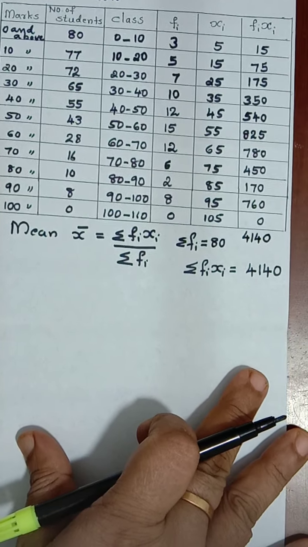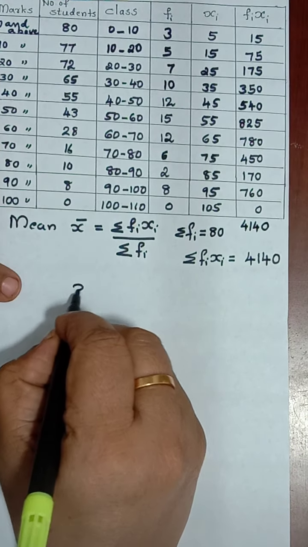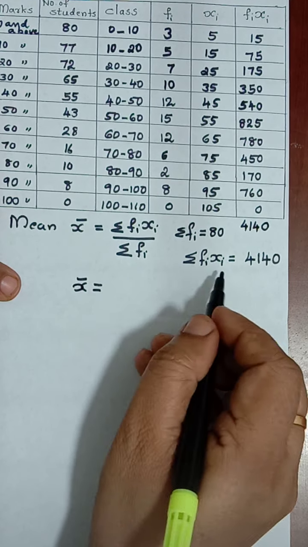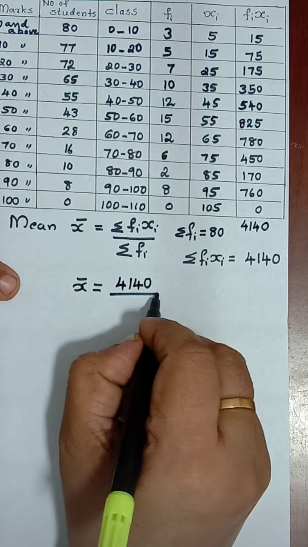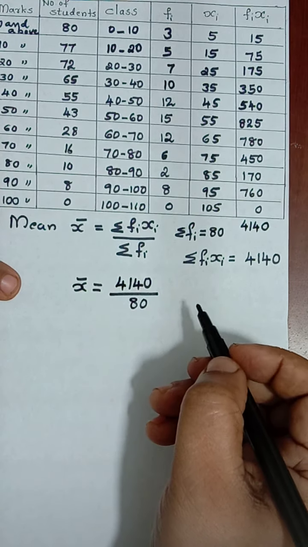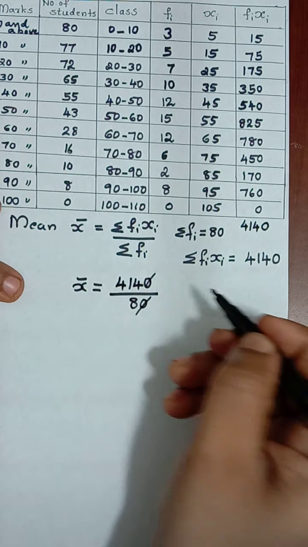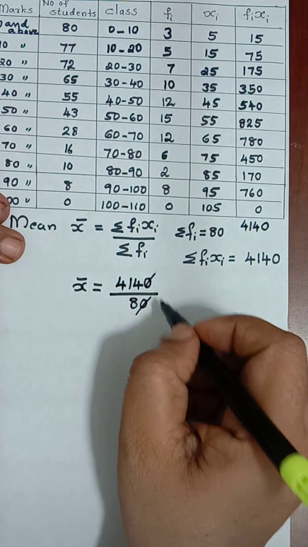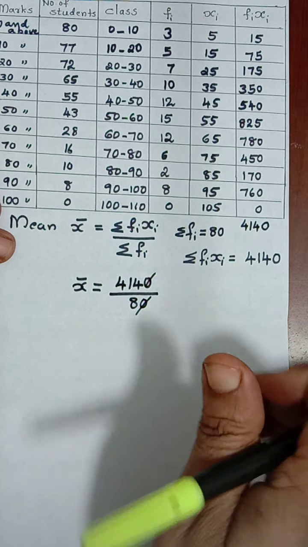Okay, so now we are going to substitute in the formula. So x bar is equal to sigma Fi xi is 4140 divided by sigma Fi is 80. As we are doing, first we are dividing by 10 and zeros are there, 10 by 10, that's the meaning. So now we can divide it by 2.